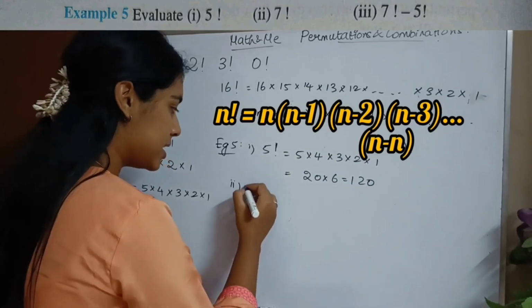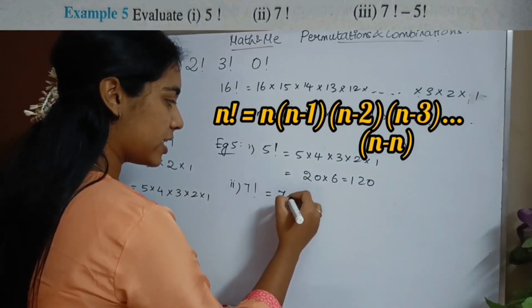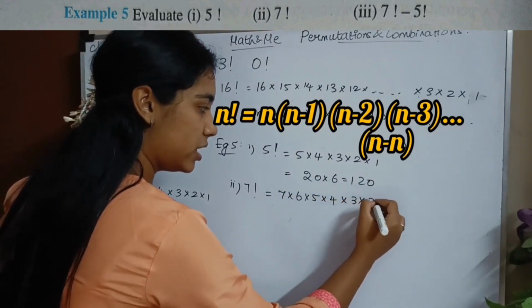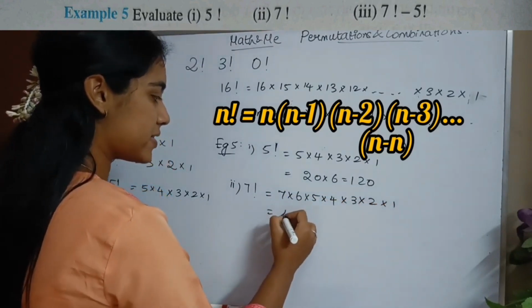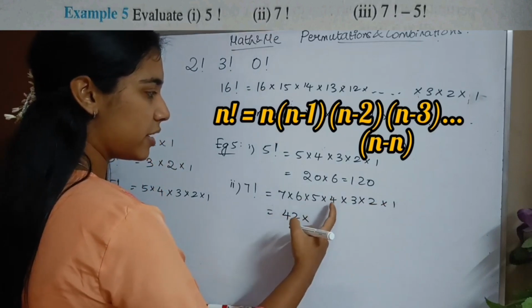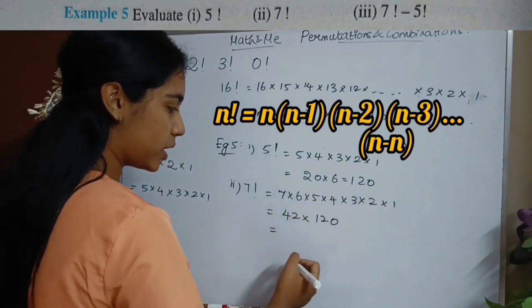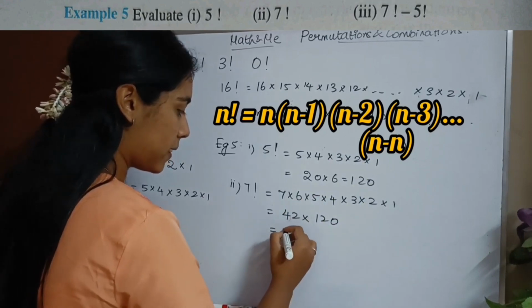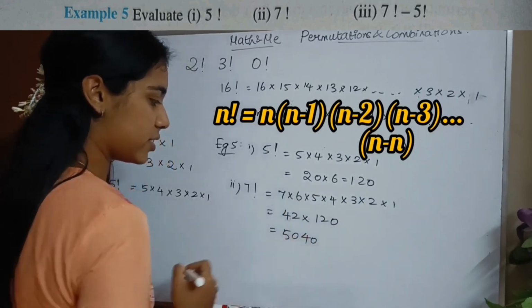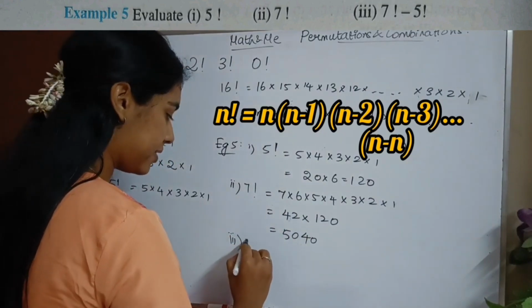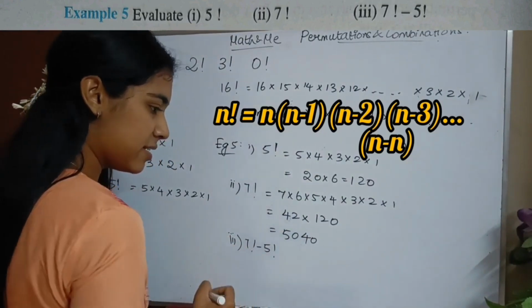Second subsection, 7 factorial. 7 into 6 into 5 into 4 into 3 into 2 into 1. 7 sixes are 42 times 5 4 3 2 1, we just saw it is 120. So 42 times 120, 5040.